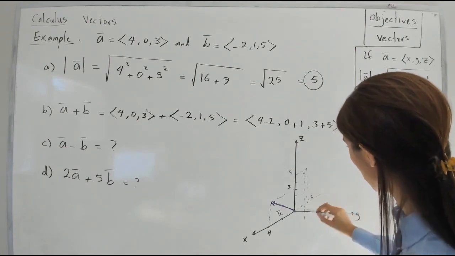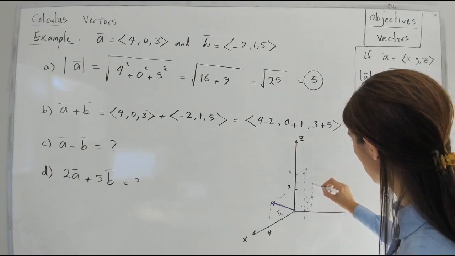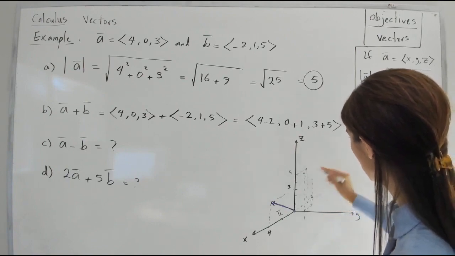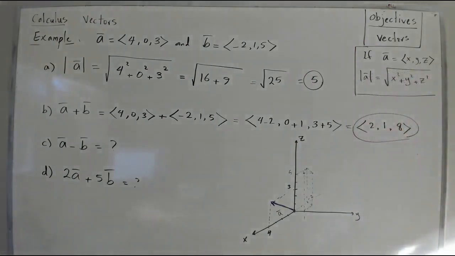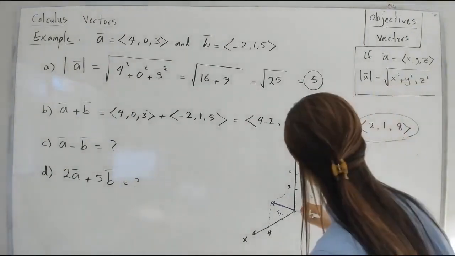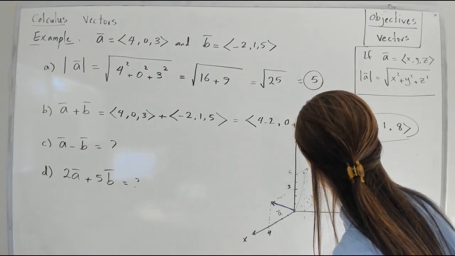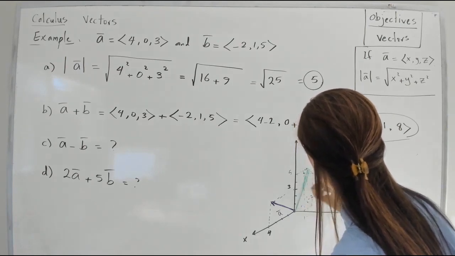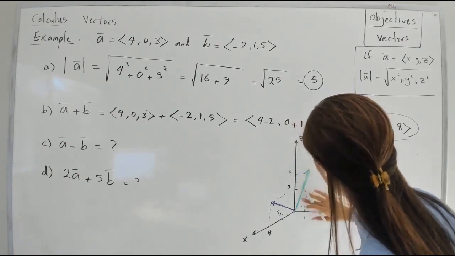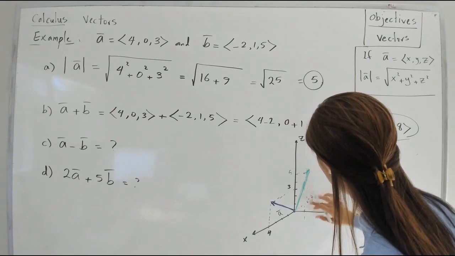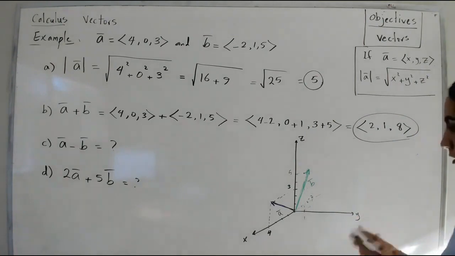And then here, if we connect these two together, this goes up to 5 here. 2, 1, and 5. There we go.